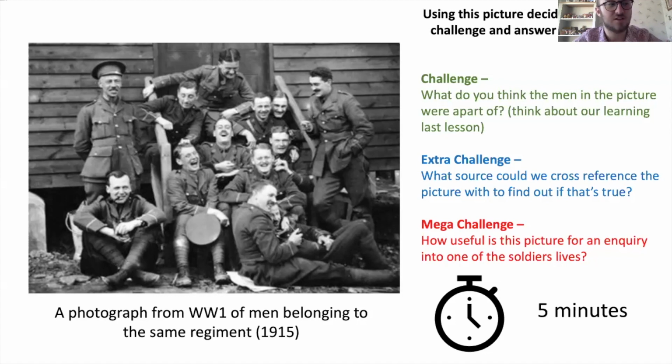Even more precisely, if we found out military records that gave us their service numbers. If you remember from last lesson, if they've got very similar service numbers, it could mean that they signed up together, because obviously they were issued their service numbers. If they're signing up together, they're going to be one after another. So that's how we can cross-reference the sources there to find out if these men are in fact part of a Pals battalion or signed up together.